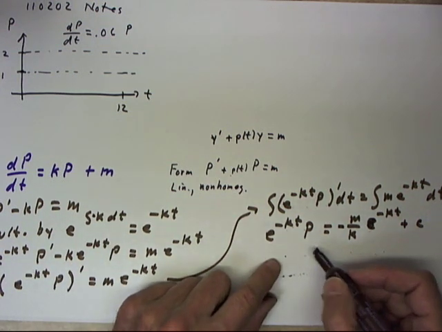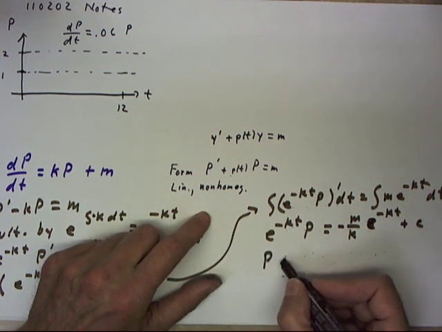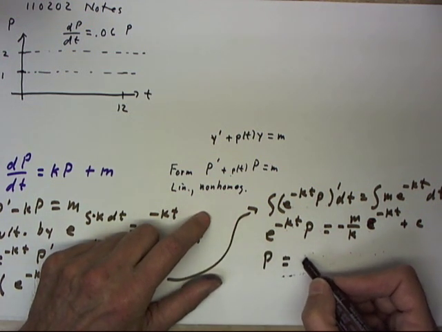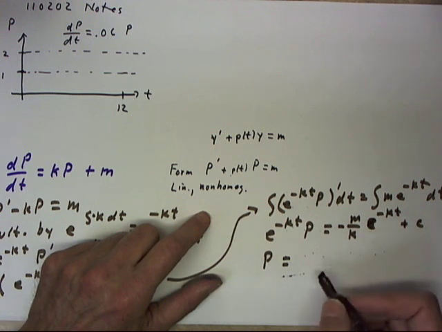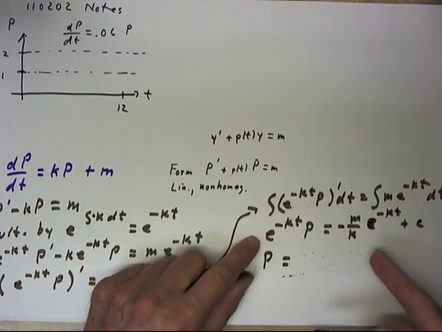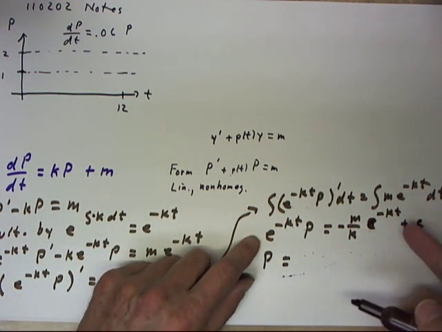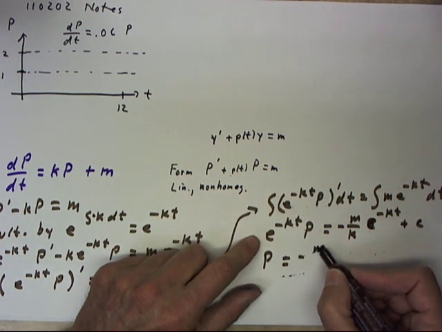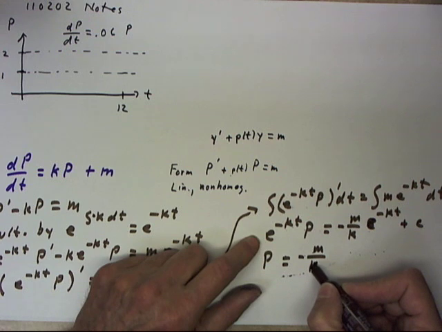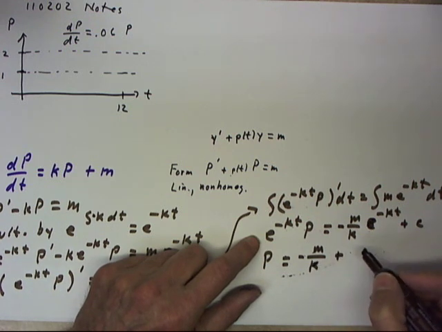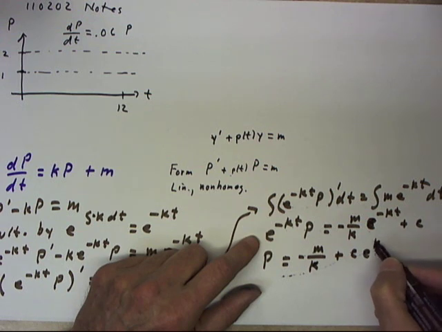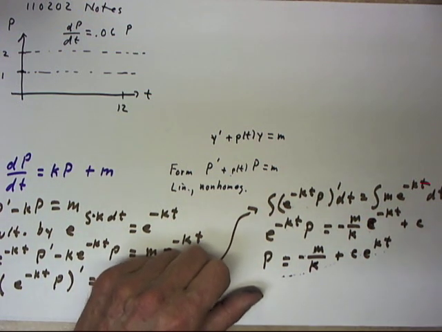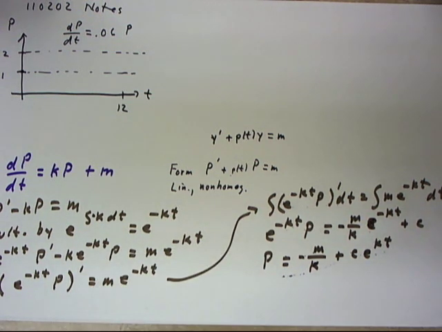So now, what's our solution? Well, we just solve for P, and we're going to divide through by e to the negative kt. I don't want to write out all the algebra here for sake of time, but it's going to be negative M over k plus C e^(kt).